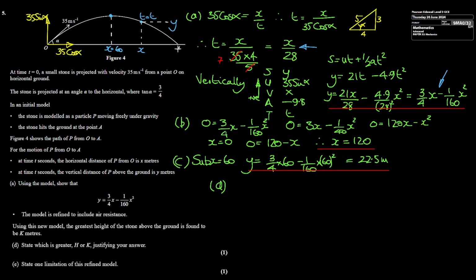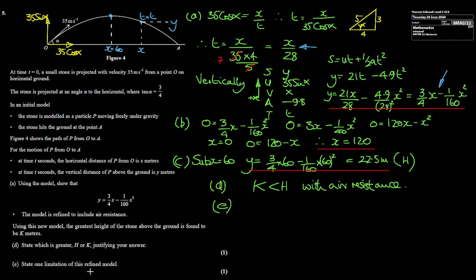It won't reach A, for example, and it won't get as high as it did. So it won't get up to the value that we found for the maximum height in part C. So I'm going to say that K will be less than H. This, of course, is the value of H. K will be less than H with air resistance.